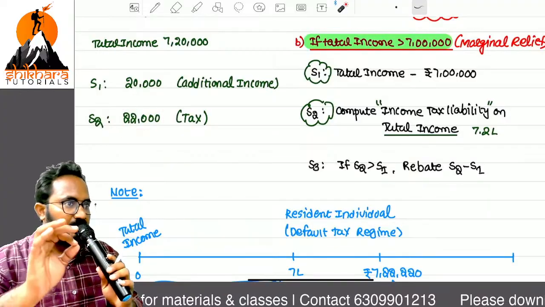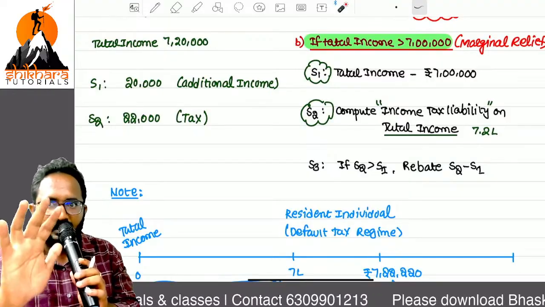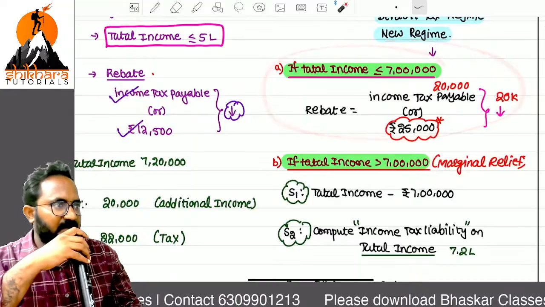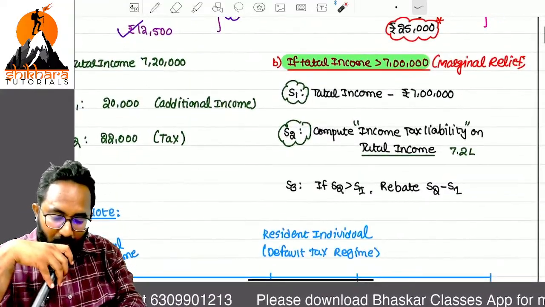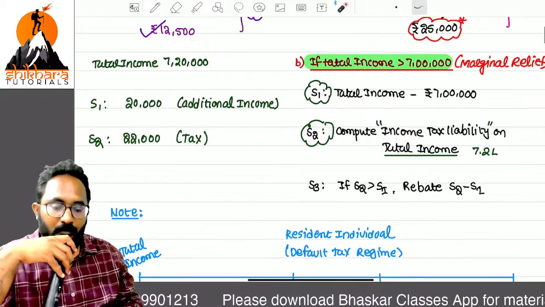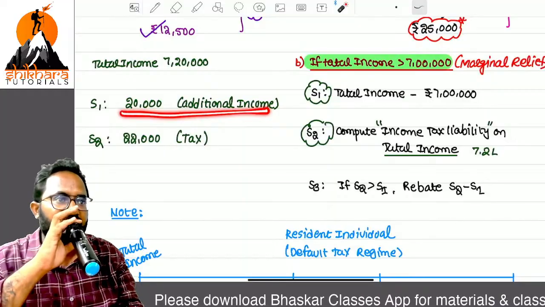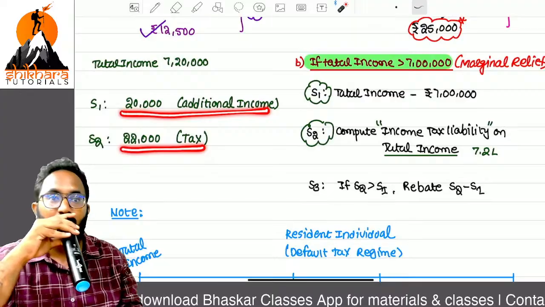This is a horrible treatment. Why? Sir, up to 7 lakh you are saying no need to pay any tax. Just marginally over 7 lakh, I earned only 20,000. Because of this 20,000 marginal earning, marginal means a small amount of earning, they are asking 22,000 rupees tax.